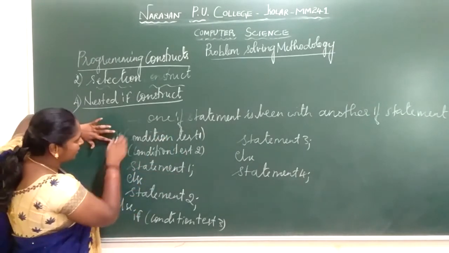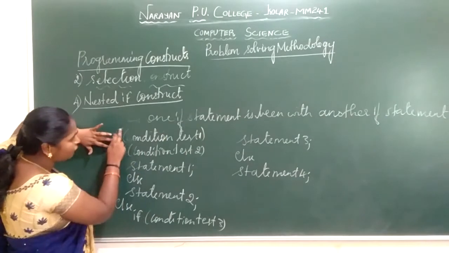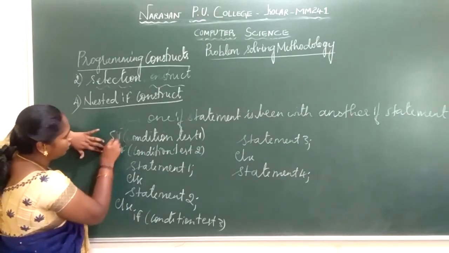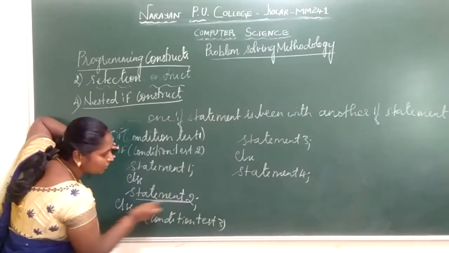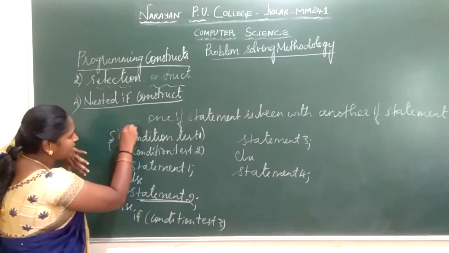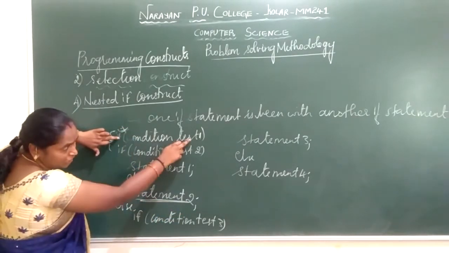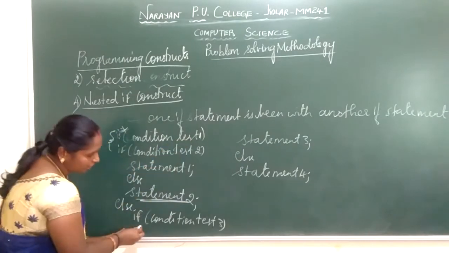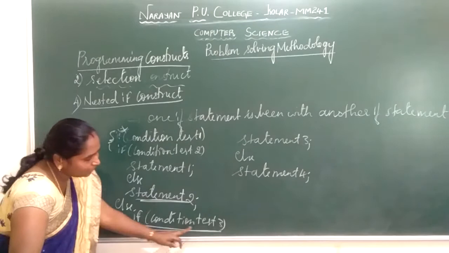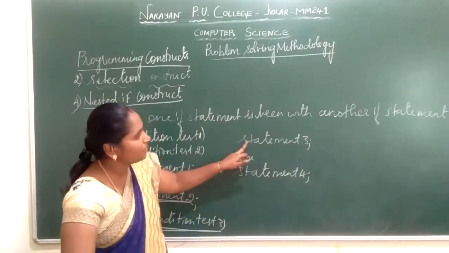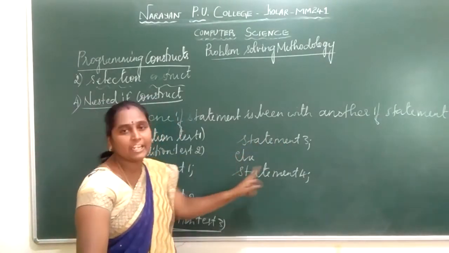If the first condition is satisfied but the second is not, then you execute statement 2. If at the start test condition 1 is not satisfied, you check another test condition 3. If test condition 3 is satisfied, you execute statement 3, else you execute statement 4.